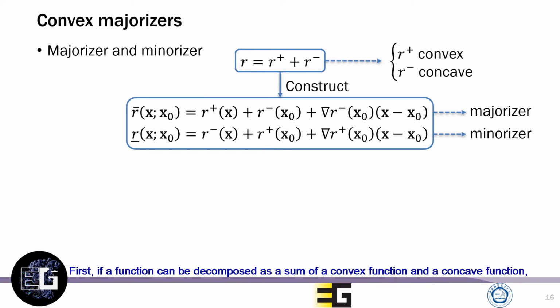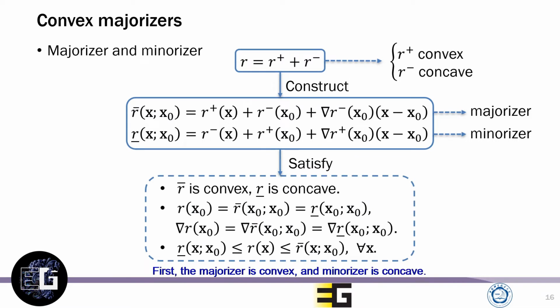First, if a function can be decomposed as a sum of a convex function and a concave function, then we can construct the majorizer and minorizer of the function at a point x_0, and they satisfy the following properties. First, the majorizer is convex and the minorizer is concave. Second, their values and gradients at x_0 are all equal to the original function. Third, they can bound the value of the original function globally.